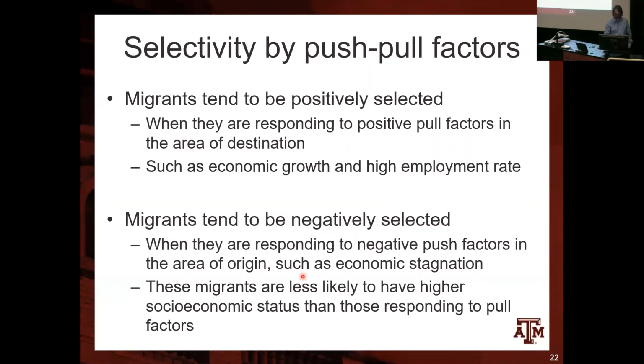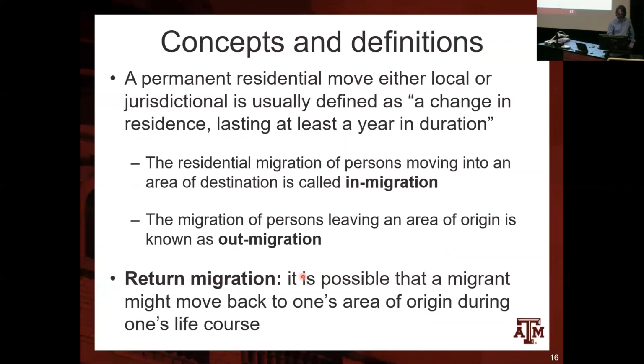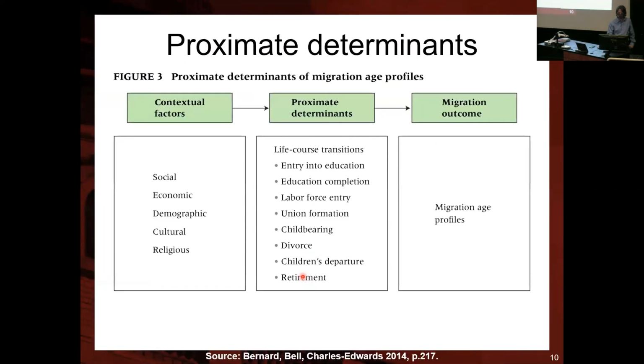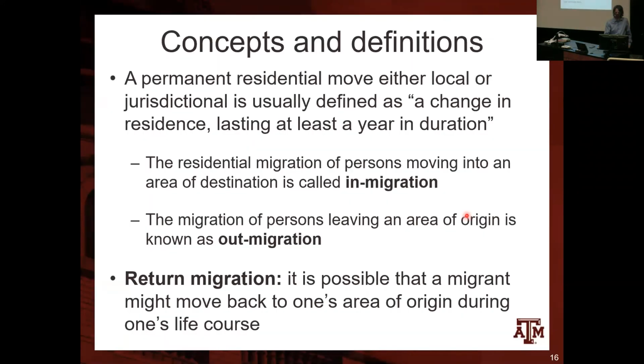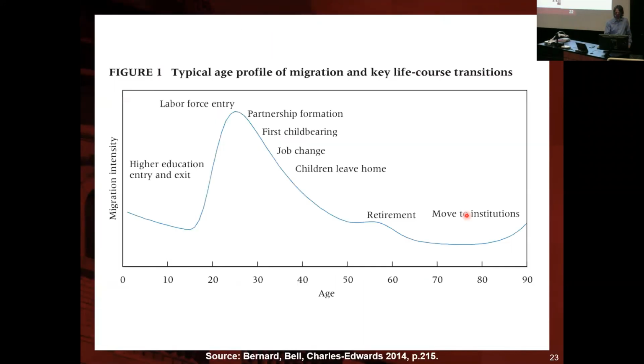If you just go back there into the proximate determinants of migration, the life course transitions: entry into education, education completion, labor force entry, union formation, childbearing, all these different transitions that happen in our life, they make us more or less likely to migrate. They are related to the migration rates by age. So if you go to that graph, you see that in a graph format.